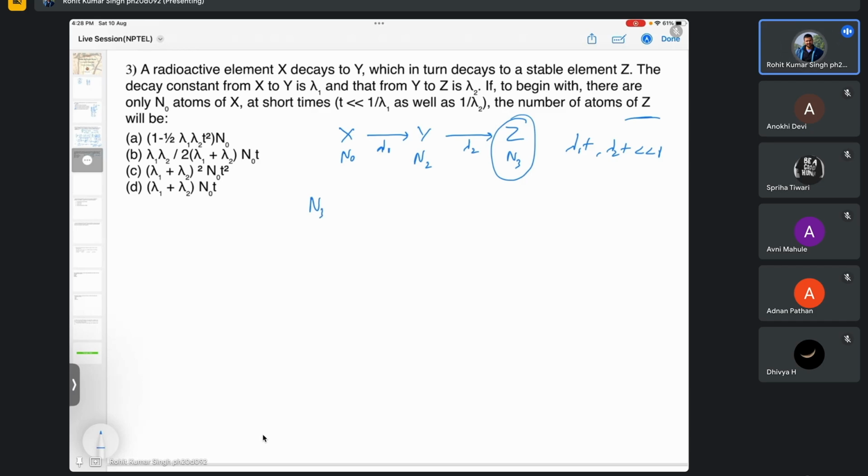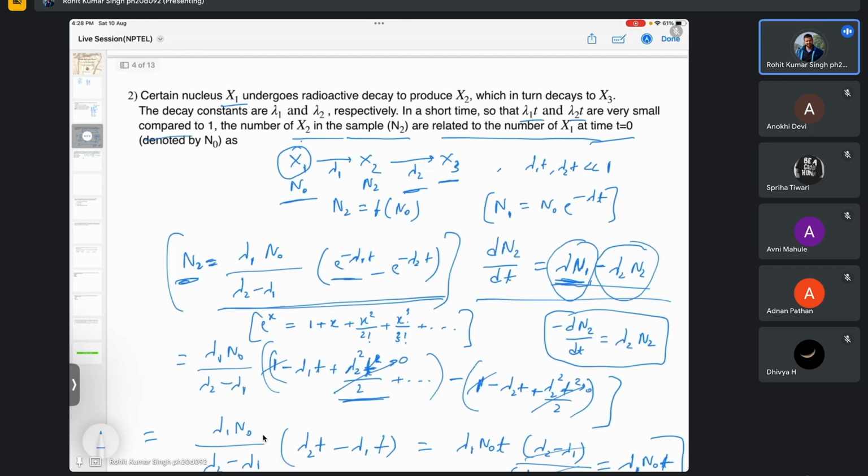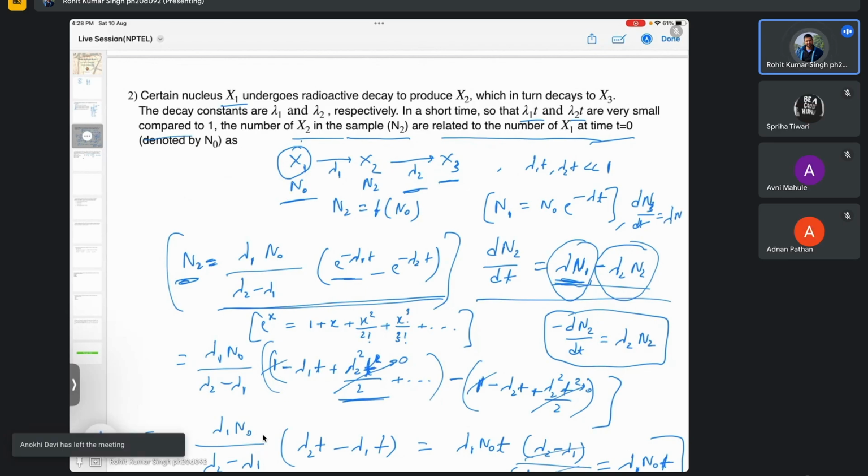To get the formula for n3, you have to just solve another differential equation, which is dn3 by dt equal to lambda 2 n2.